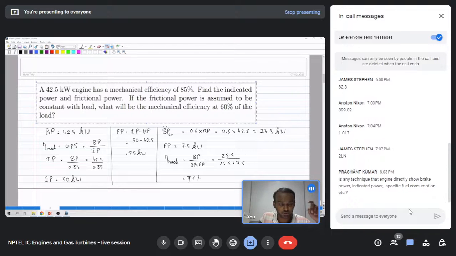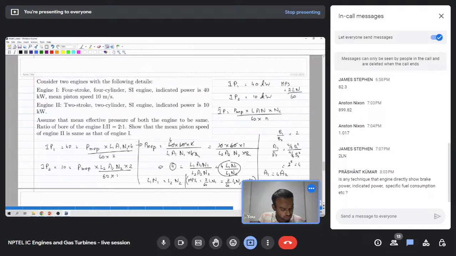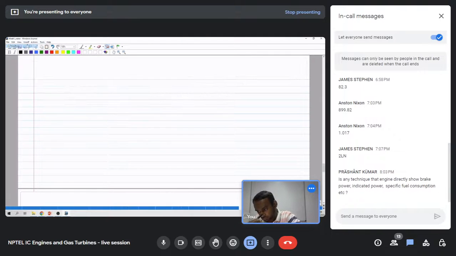If you know about OBD2, you can search about it, onboard diagnostics. I will write it somewhere. OBD. Onboard diagnostics is a tool which communicates with the ECU through CAN signals. You can also read about these two and you will get to know what it is.